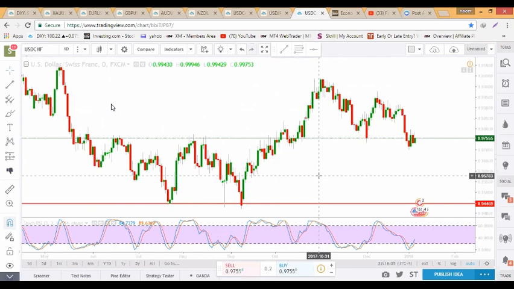Many people like to go with the safest currencies, and I would say the Swiss franc and Japanese yen are the most safe currencies to trade with. That's why they are a bit slower. They move very slowly, but when there is a movement, it's a very nice move, and we can catch a good number of pips, like 40 to 50 pips in one trade.